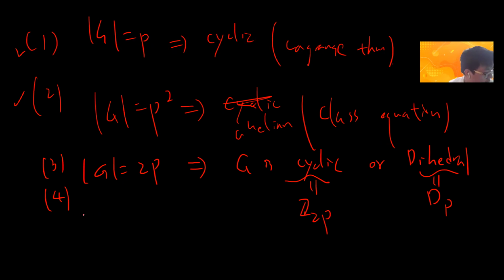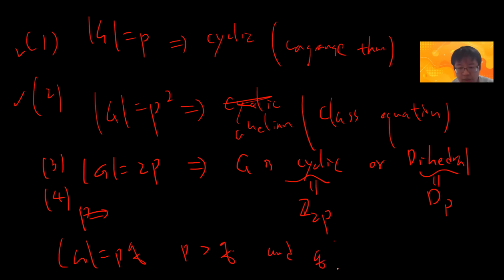Number 4: if the order of G is pq, with p and q prime, p larger than q, and q does not divide p minus 1, then G is cyclic. Okay, 3 and 4 use the Sylow theorem, and number 5 classifies the groups of order 8.